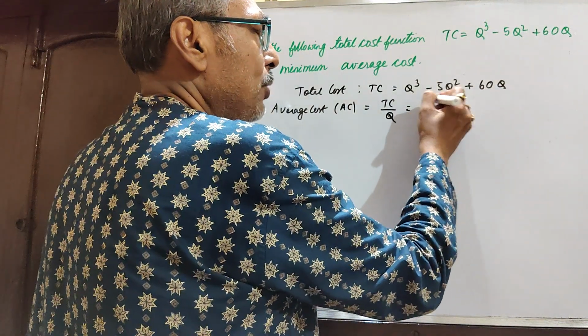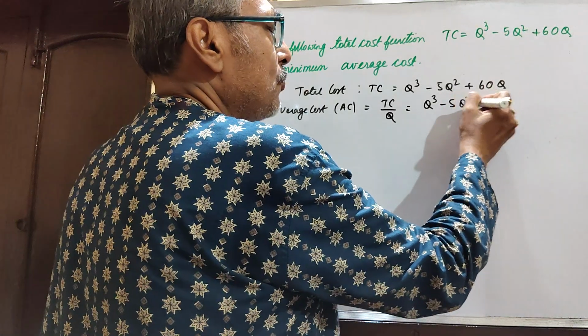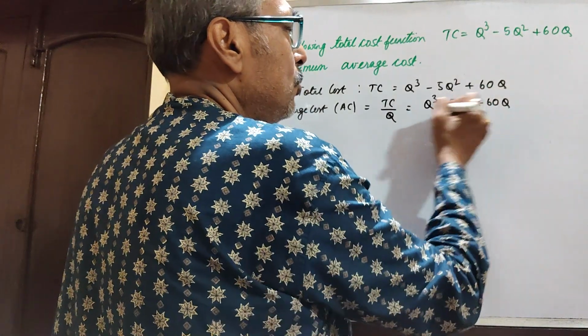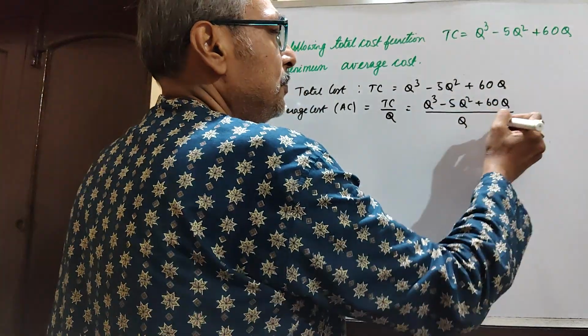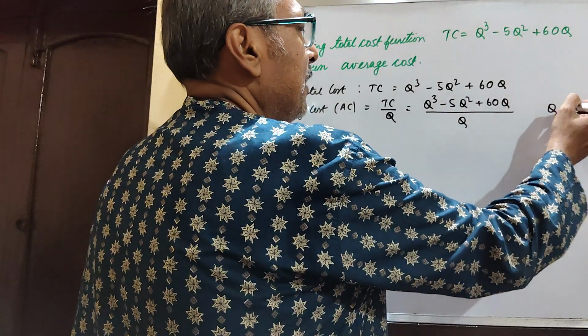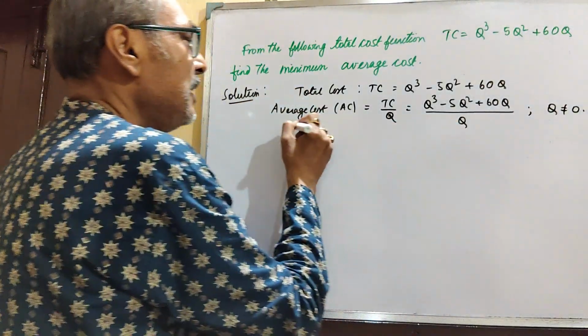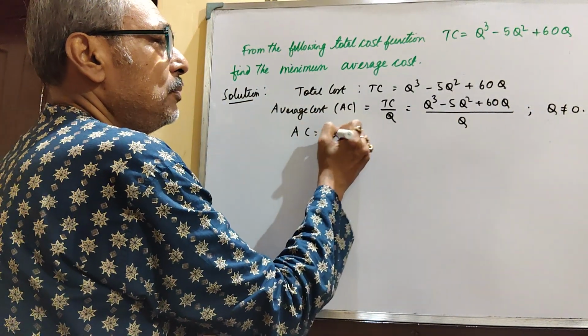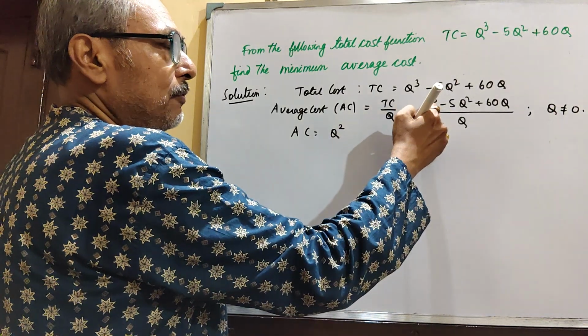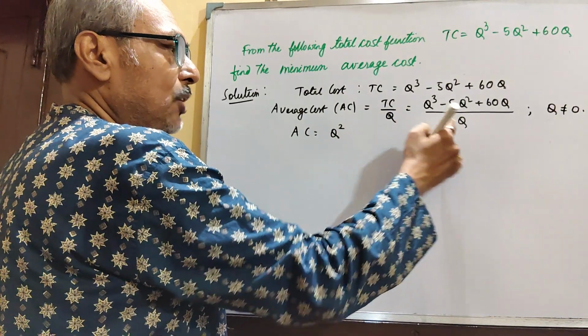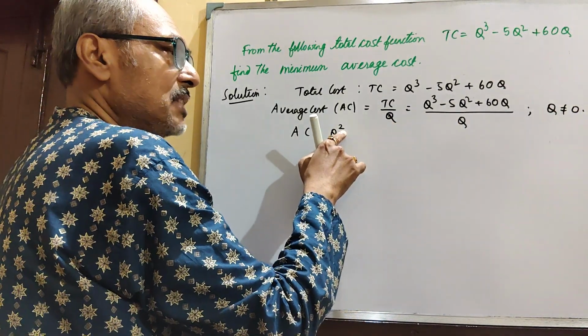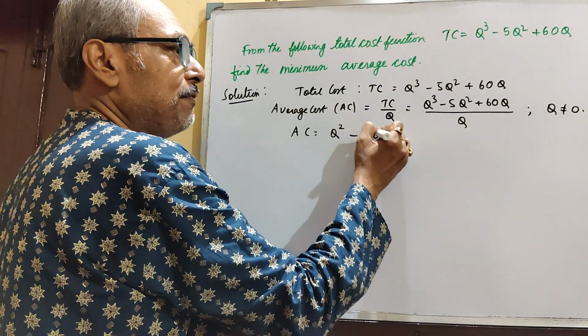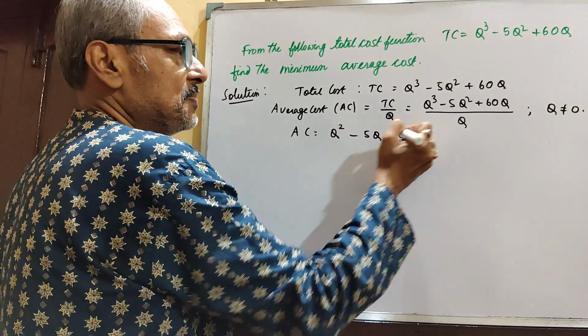That means Q cubed minus 5Q squared plus 60Q divided by Q, where Q is not equal to 0. Then AC equals, we divide Q cubed by Q, it becomes Q squared minus 5Q plus 60.